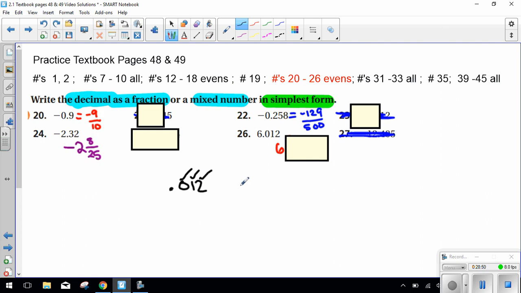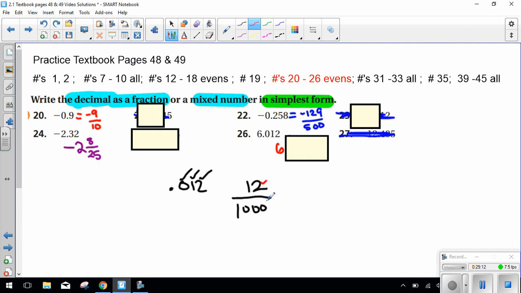You can write 012, or you can just write the 12. The way I read this is 12 thousandths. Now my last job is to reduce 12 thousandths.